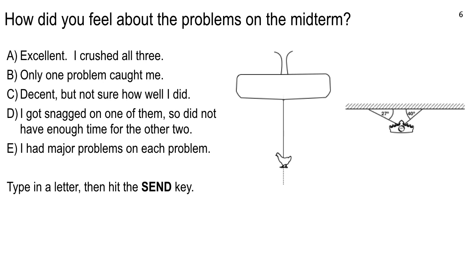So type in I for Roman numeral 2, or I for Roman numeral 3. Or if you crushed them, just type in I crushed them all, or something like that. So give me Roman numeral I for problem 1, if that was your toughest. Roman numeral 2.